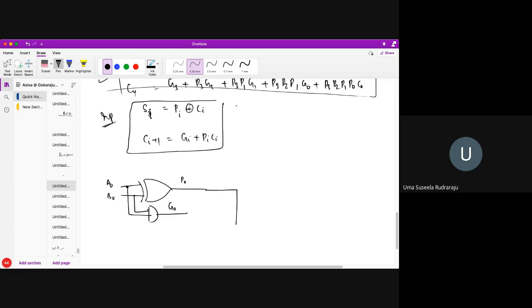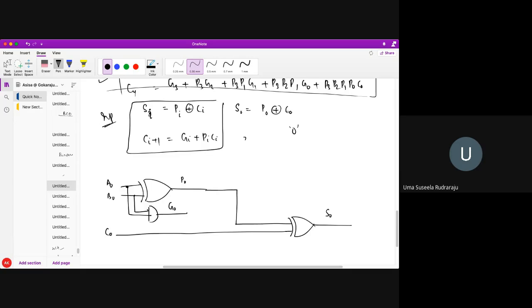I get the sum S0, which is P0 XOR C0. Do you all understand? So this is my P0 and this is my C0. I'm getting the sum for this 0th bit with this XOR operation, so I got S0.